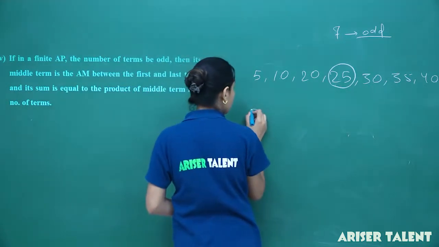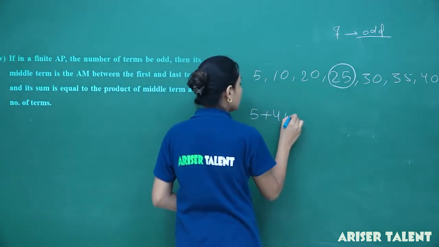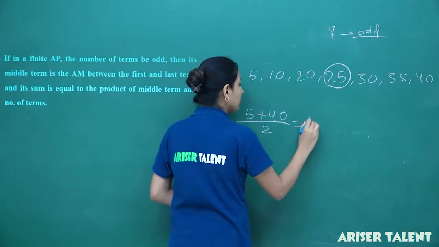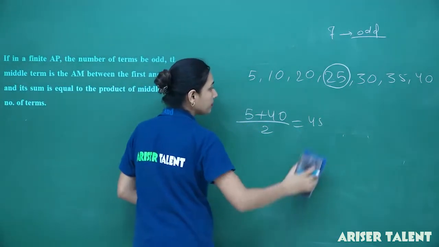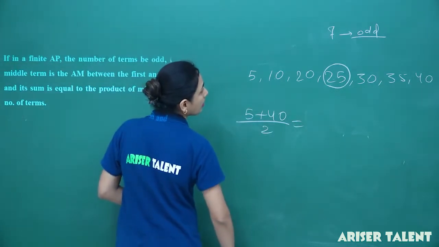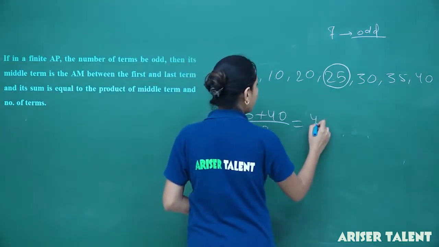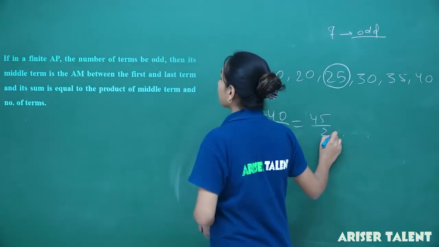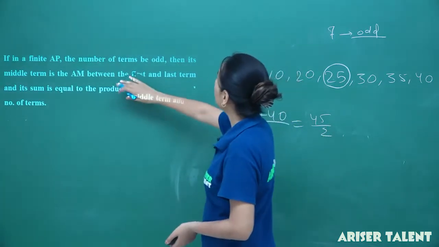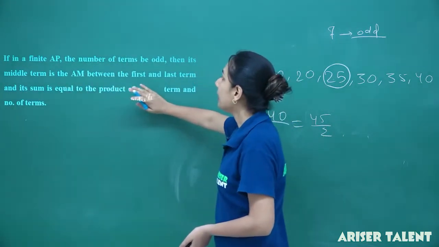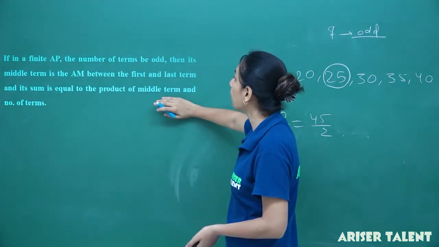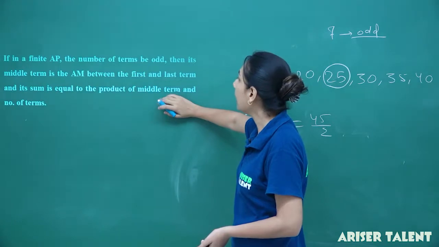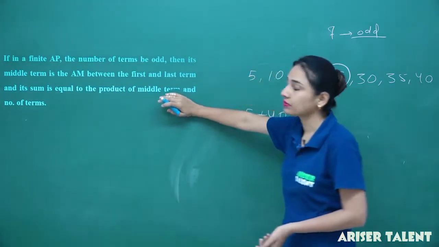Now what are the first term and the last term? Then its middle term is the AM between the first and last term, and its sum is equal to the product of the middle term and the number of terms.